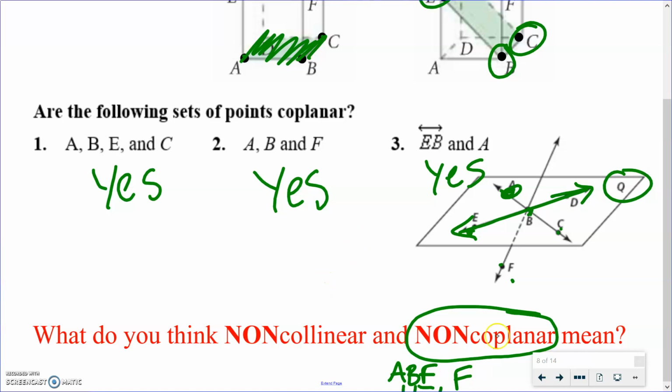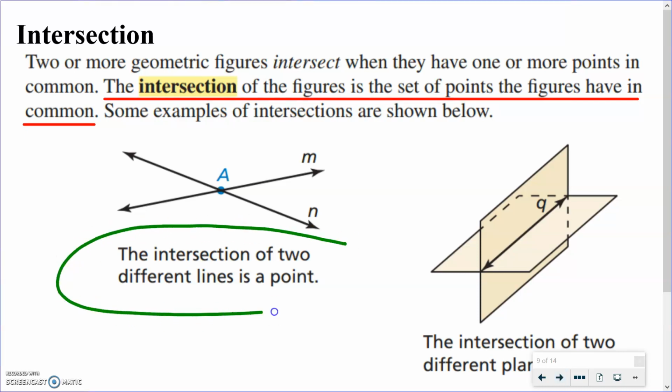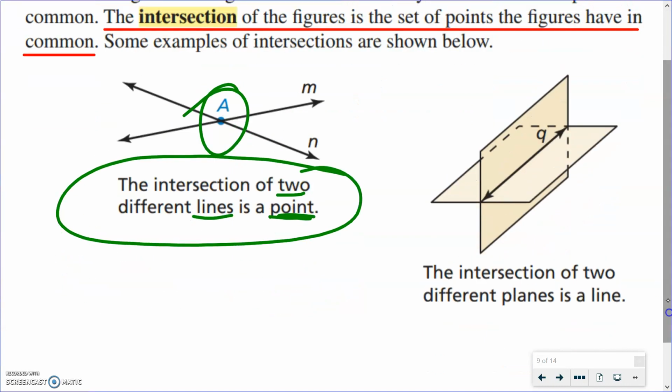Okay. All right, this last piece is not on your notes, but you do need to know this. This is very, very important information. I would add this to the end of my notes if I were you. The intersection of two lines is a point, and the intersection of two planes is a line.